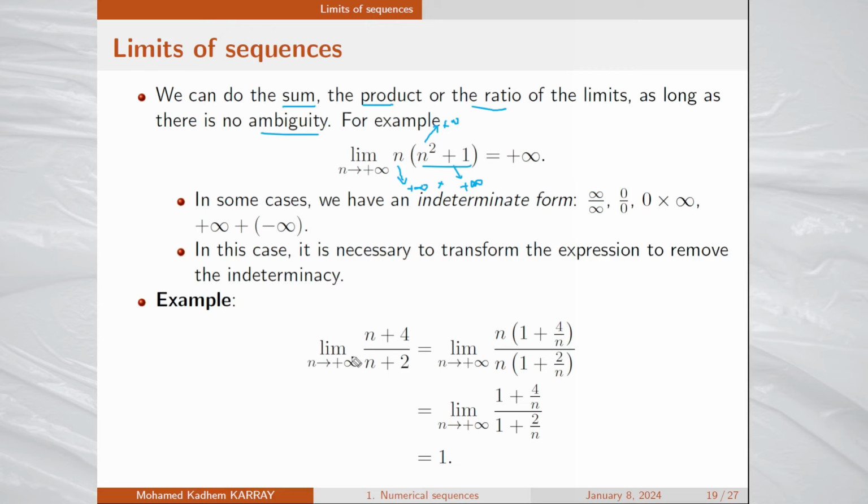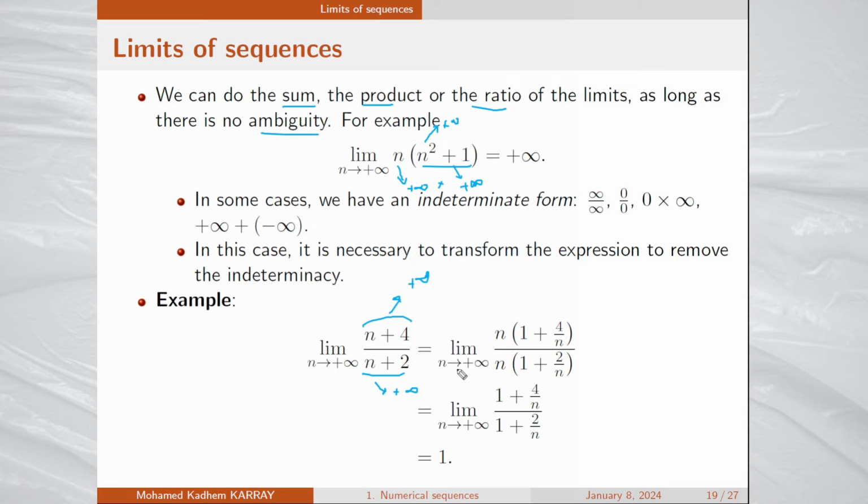Here is an example. Consider the ratio here. So we get that this term goes to infinity, and also the denominator goes to plus infinity. So here we have an indeterminate form.